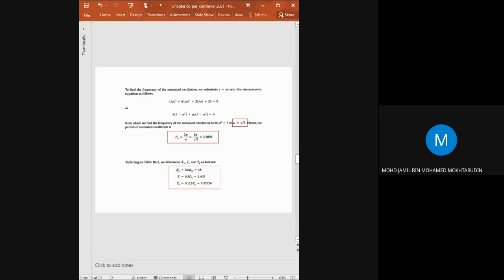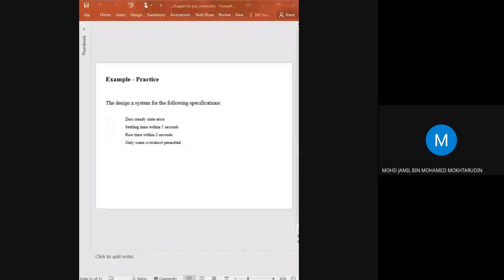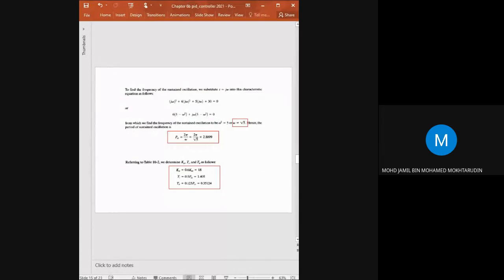To find the frequency of the sustained oscillation, we substitute S equals j omega into the characteristic equation as follows. We use this value here and substitute j omega, from which we find the frequency of the sustained oscillation to be omega squared equals 5, or omega equals square root 5.